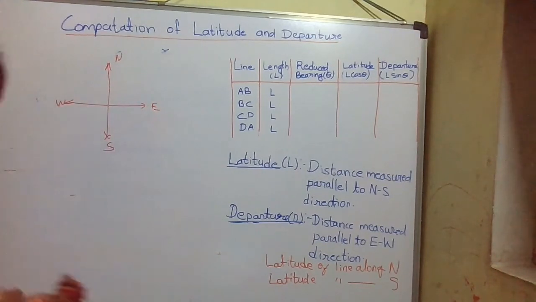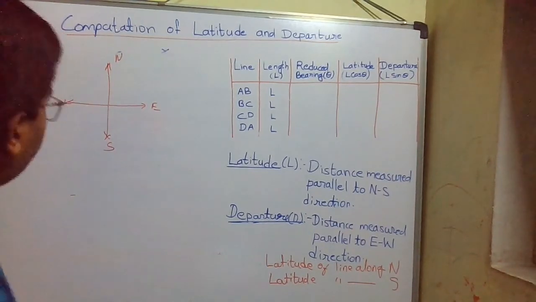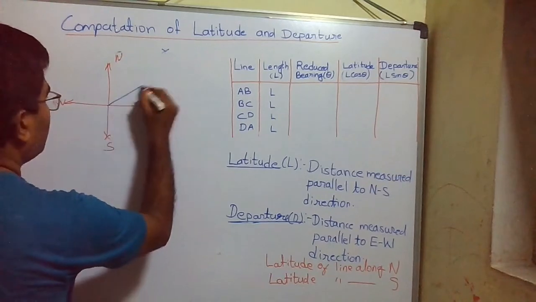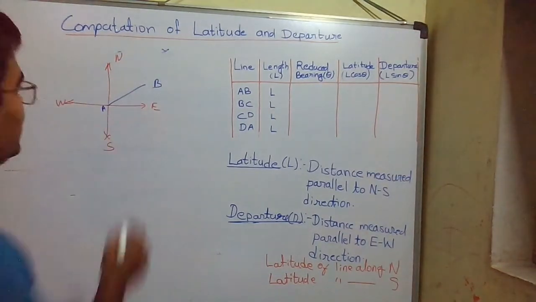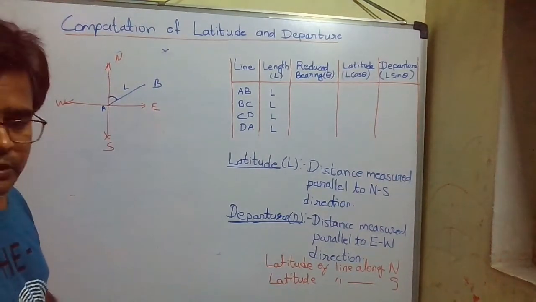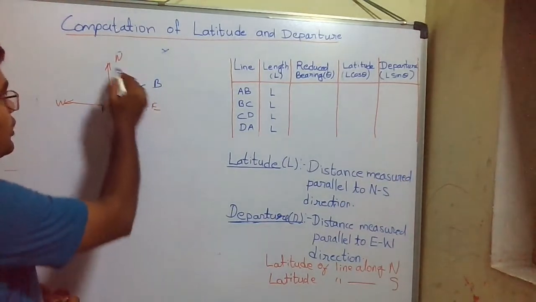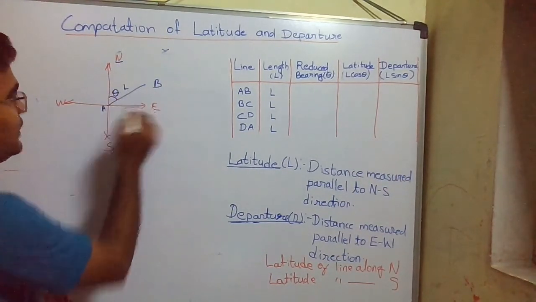Suppose there is one line AB, whose length is L, and what will be the reduced bearing of this line? This is north, theta, east.